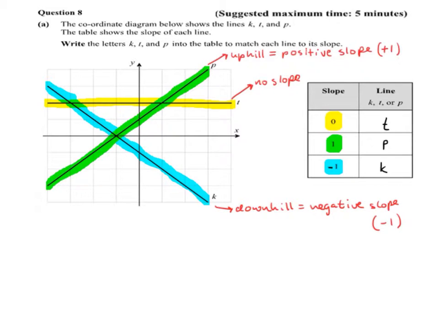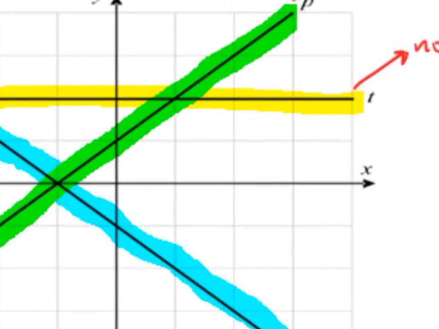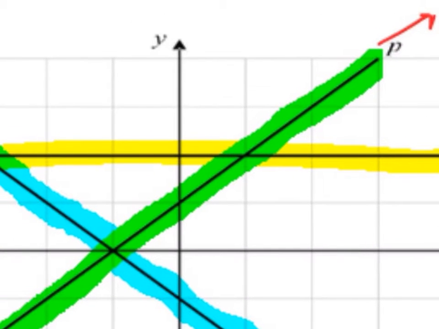We can also tell the slope of a line by doing rise over run. So if I zoom in on the line P, and if I was to draw myself a triangle, one step down and one step across. So rise over run. The rise is how many steps we go up.